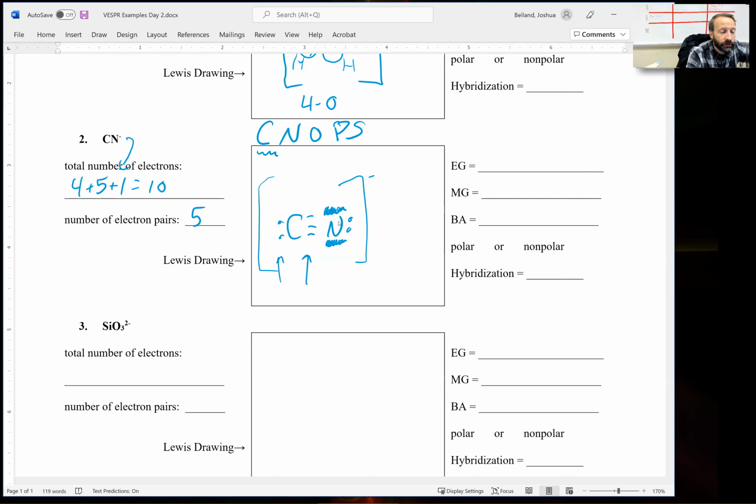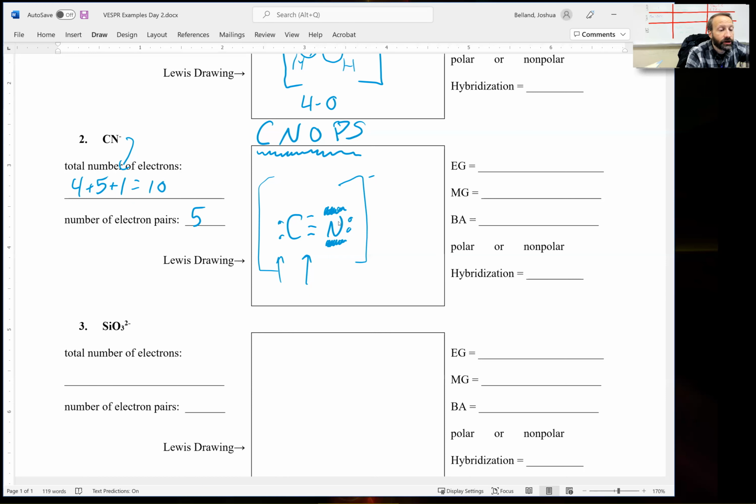These are the 5 elements I expect you to know that do this. Every once in a while, there's another element that in these situations does, and then again in these situations. I'm not going to ask you to know those. I ask you, these 5 always will get at least an octet. Now, again, let me reiterate, none of the steps from last time have changed. So when did I figure out it needs the multiple bond thing?